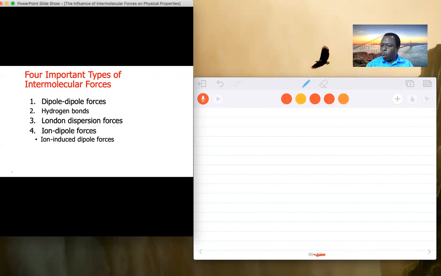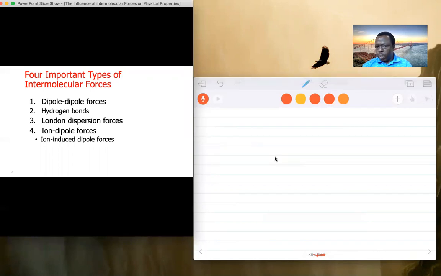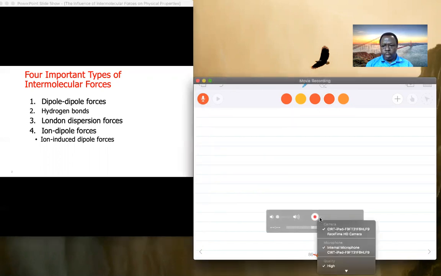We also have what we call intra. Intermolecular forces means the forces of attraction between molecules of two substances.